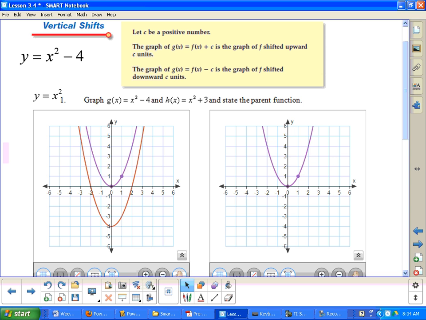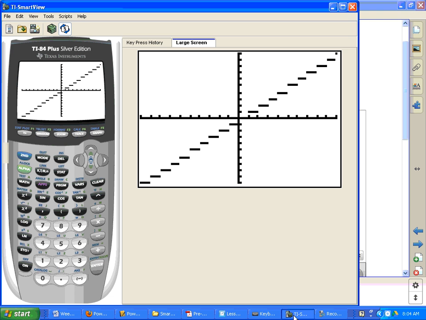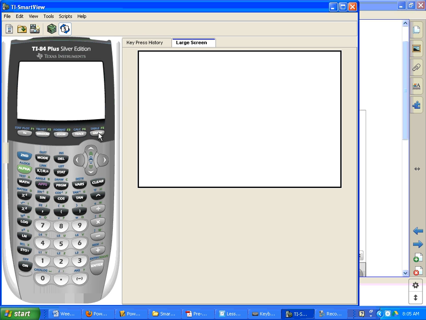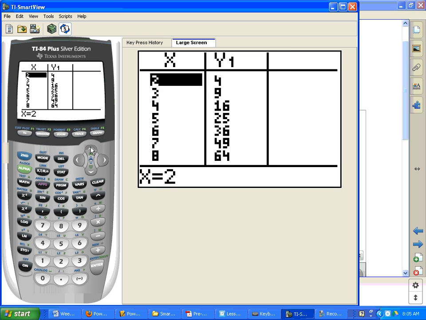With the standard graph of y equals x squared, if we look at the table, I plot the point 0, 0, or wherever my y-intercept is, and then as I go up 1 for x, y goes up 1.